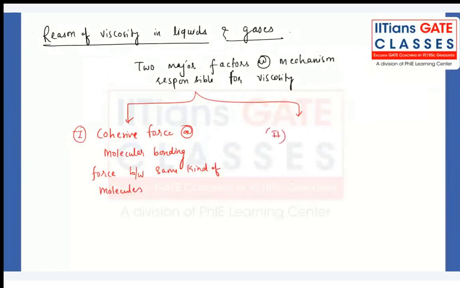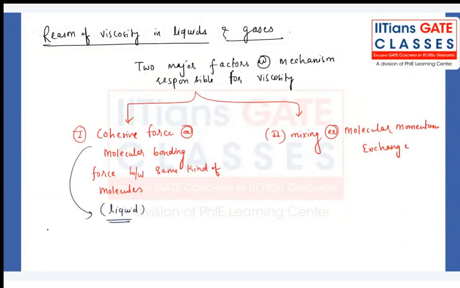Second mechanism, we will be having mixing or molecular momentum exchange. So basically, if I talk about the liquid case, which one will be responsible?